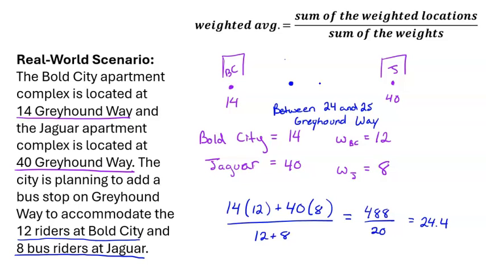So it's not always just finding the weighted average of, let's say, test scores. That's something we do all the time. But it could very much be one of these problems where they're trying to figure out where to locate a business, where to put a bus stop, where an ambulance should be parked.